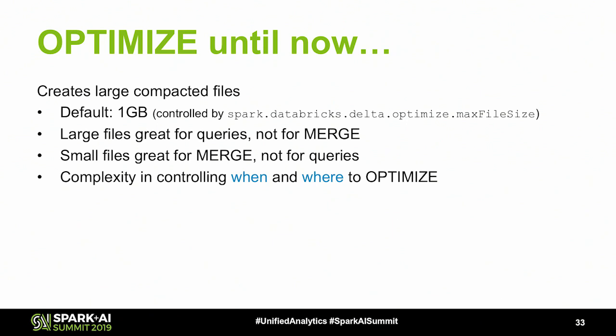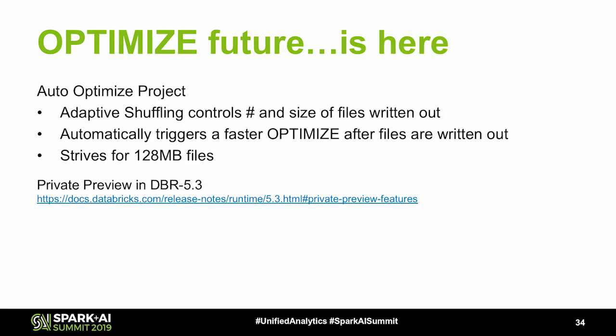The expanded merge resolved the pain of having to keep two copies of a target table, having to partition it, and run potentially expensive inserts. And now with this next feature, data engineers can run fast merges and at the same time not slow down their query workloads. It's something called auto-optimize.